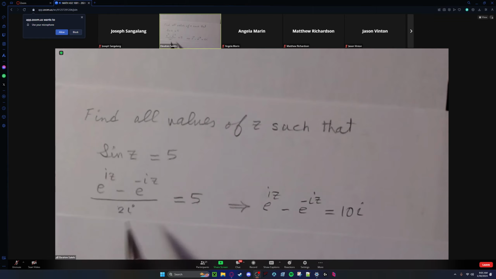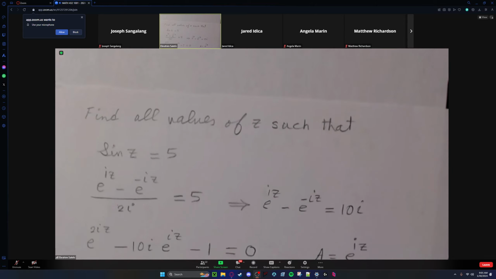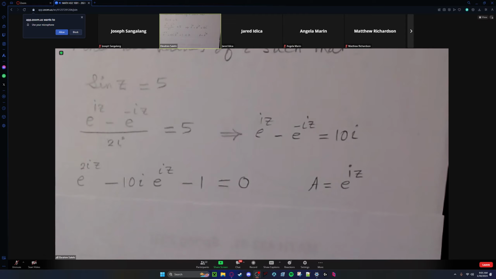You multiply both sides by 2i. This is what you get. Then you multiply by e to the iz. Here you get e to the 2iz, here -1. On the right side, 10i will be multiplied by e to the iz. Bring everything to one side.